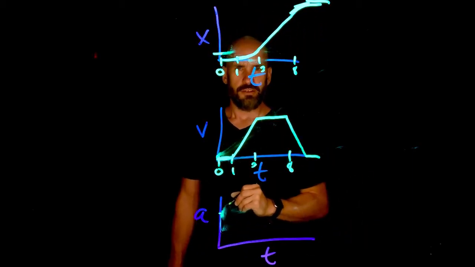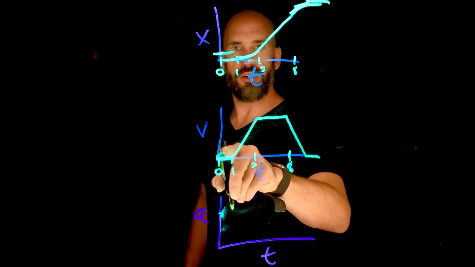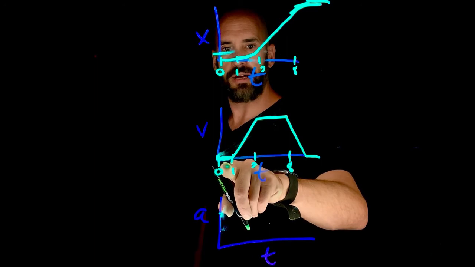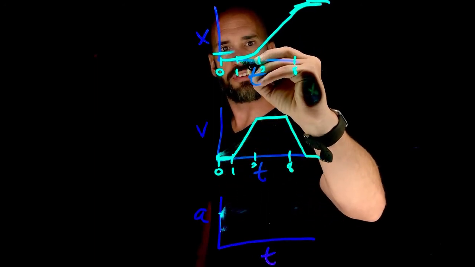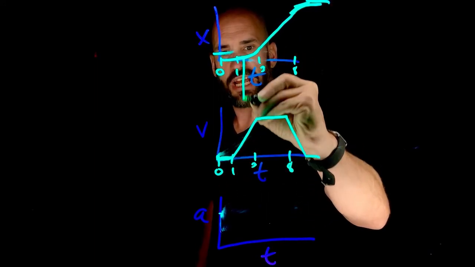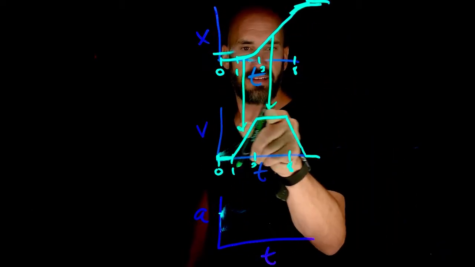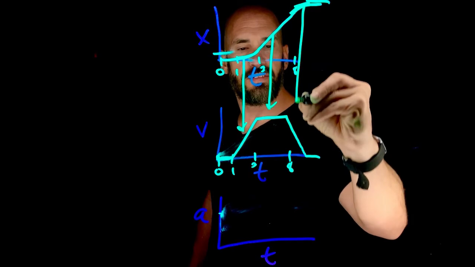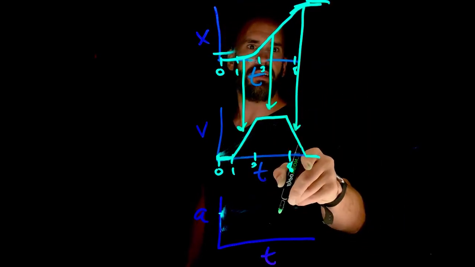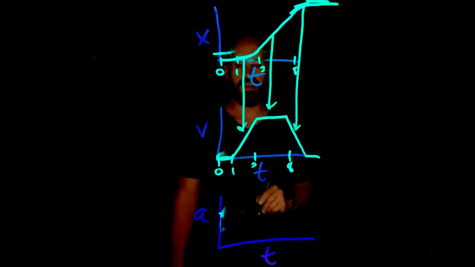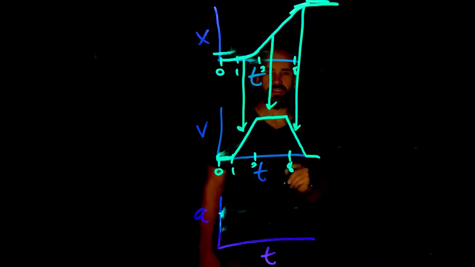Do you guys see what we did there? Here, there was no change in motion, so no velocity. Here, it was concave up, so there must be a changing velocity. Here, the velocity is constant, so it's a constant velocity. Here, the velocity is decreasing, and then here, it's constant again, it's 0 at rest. What does this say about the acceleration?